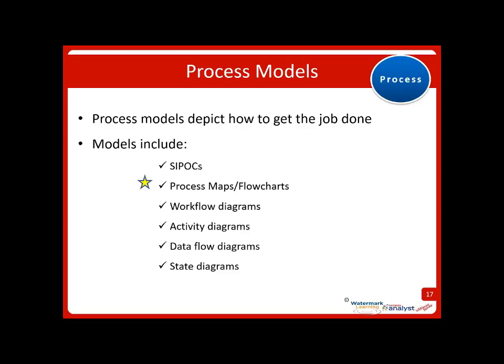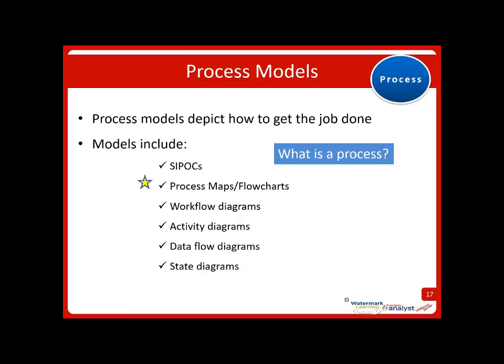So let's start with process. I'm going to be showing a very simplistic example of a swim lane diagram, which is kind of a process map. But I want to make sure we're all on the same page with what is a process. A process is a series of steps. Again, it's what people do.